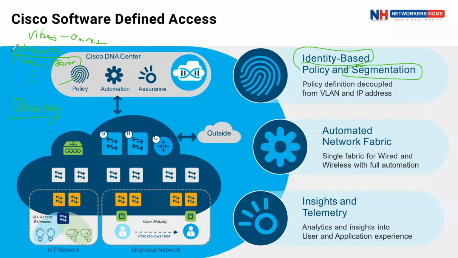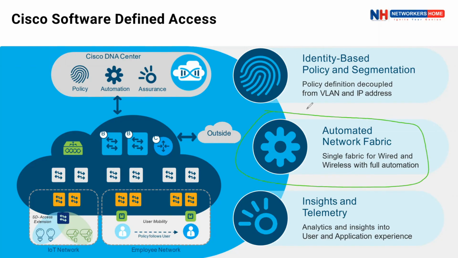See, already segmented. Not to worry about what is Vikas's IP address, what devices are being used, what your IP addresses are, what my IP address is, what my location is, again the type of device I'm using. Everything is solved into this single feature, identity based policy and segmentation.